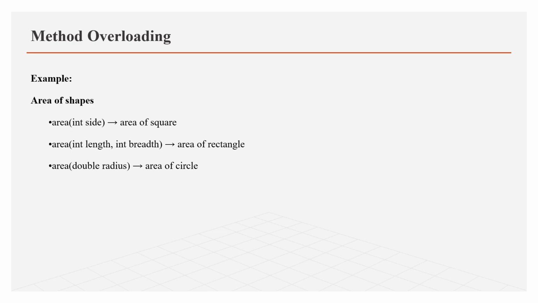You can see the method name is the same here, area, but the number of parameters and the type of parameters are different. The square takes only a single value, its side, but the rectangle takes two values to calculate the area, length and breadth. In the circle we also take one value, but it can be double. So here we took one variable of double type, but here we took a variable of integer type.